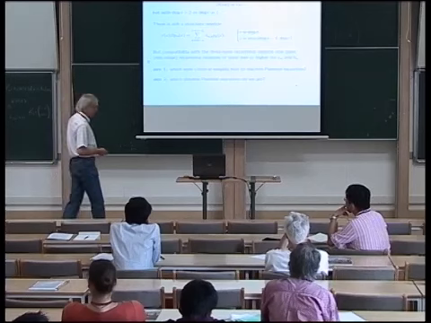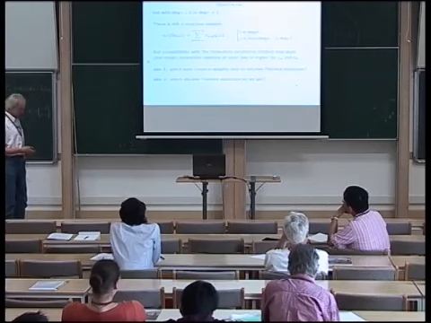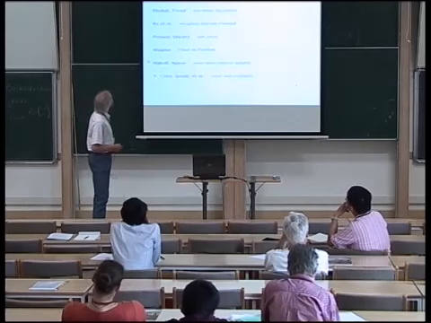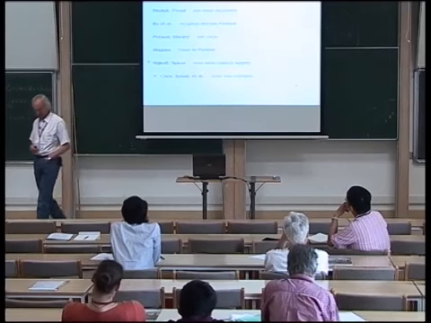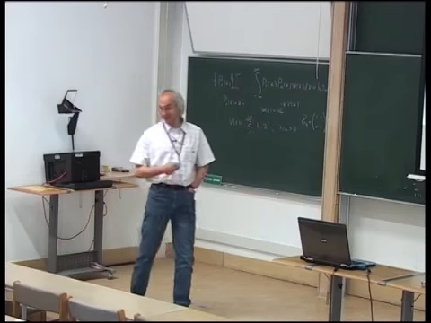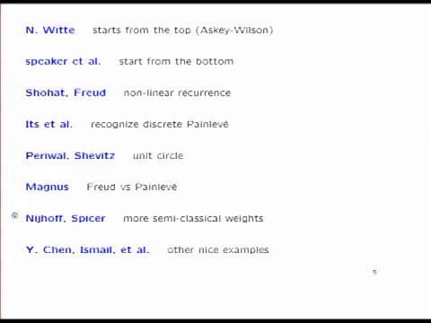It's some trial and error, and we're not the only ones doing that. It's some business now, and I'm trying to please members of the audience here by putting on this slide. So Nicholas Witte already yesterday, he explained this whole method of working it out, and he really starts from the top, from the Askey-Wilson level.